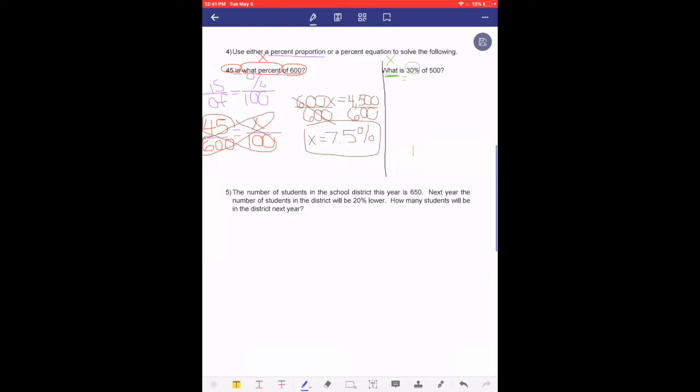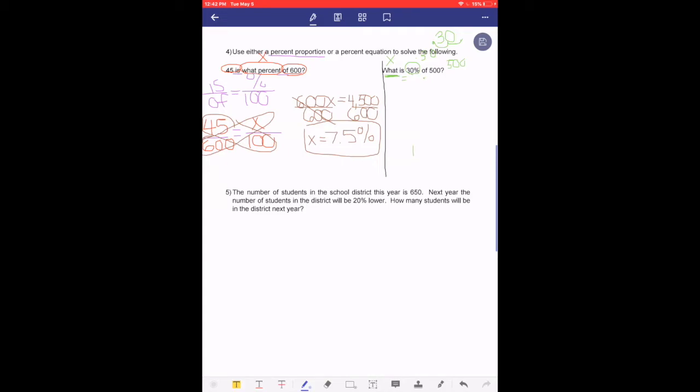30%. 30% I need to convert to a decimal. And remember, if it's 30%, the decimal point is actually behind the 0. So I move it 2 places to the left, and now I have 0.30. Of means that I multiply. And then the 500, we're just going to keep as 500.